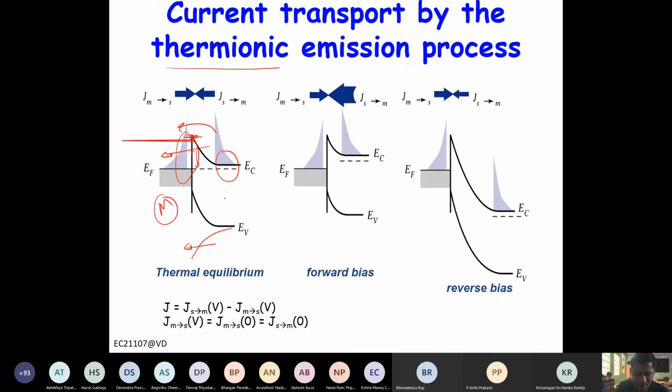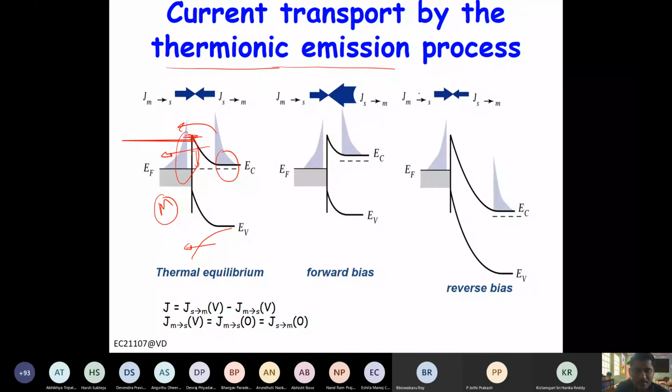Unless they are specially designed, tunneling will not be important. Only in special cases will it be important. And diffusion current, all of you know. Especially in a metal semiconductor junction, it is thermionic emission that takes a bigger role.